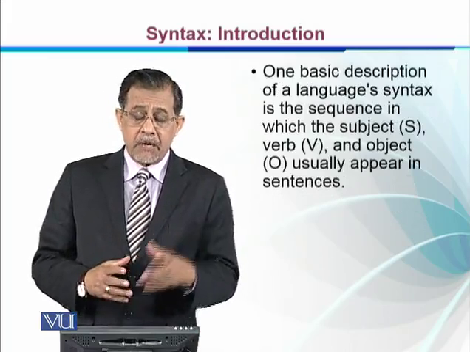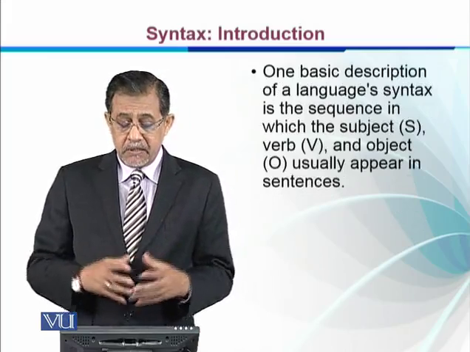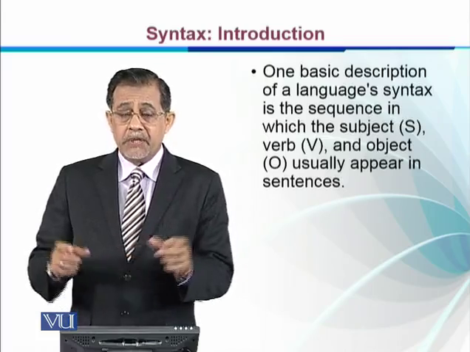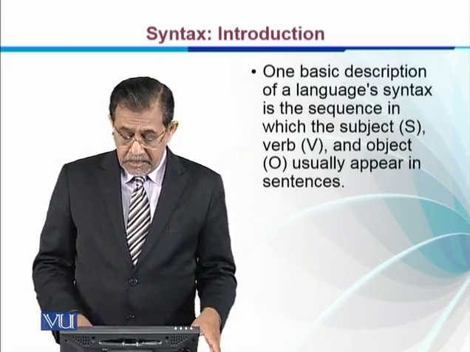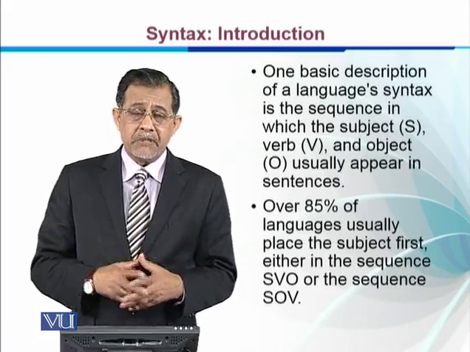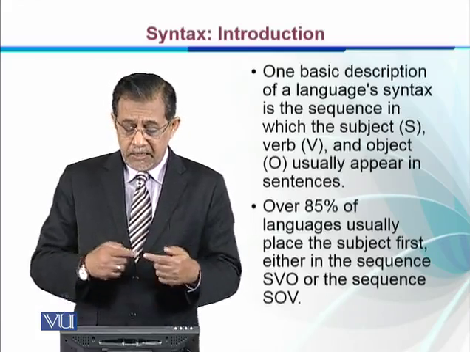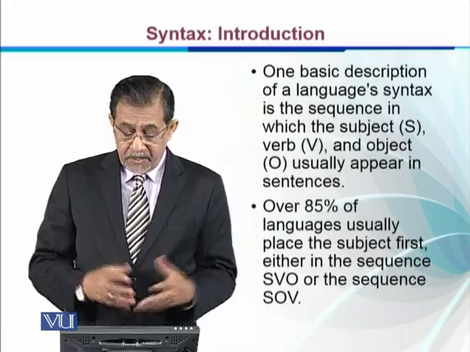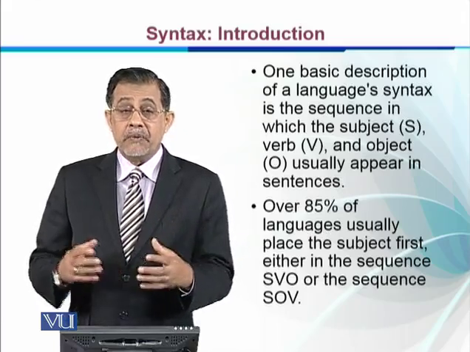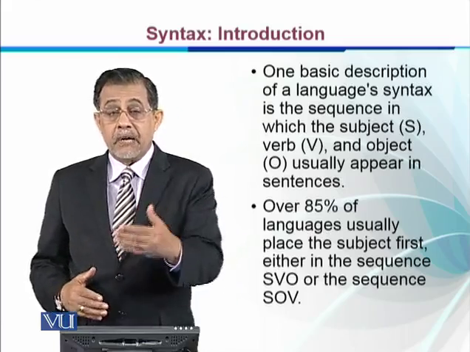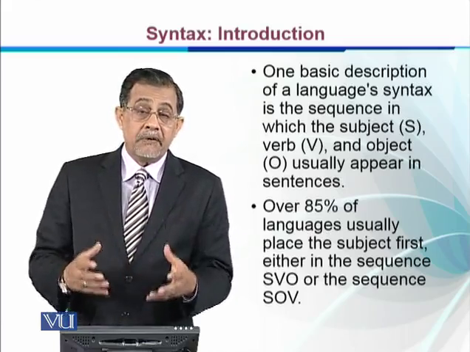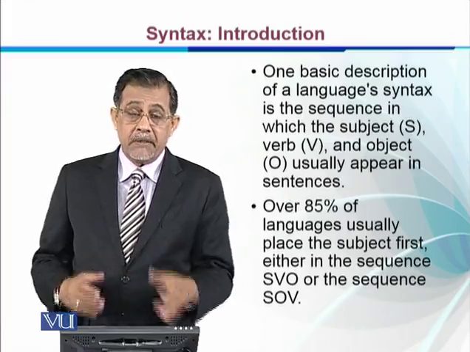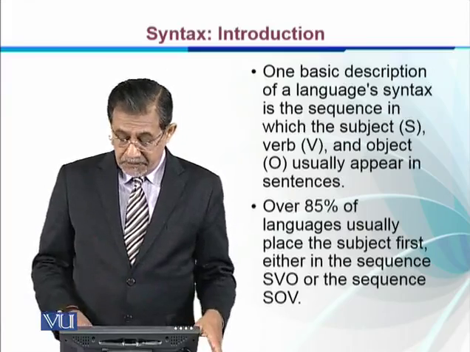One basic description of a language's syntax is the sequence in which the main things, subject, verb, and object, are put into an order, right? So 85% of the languages in the world have SVO arrangement of words. However, there are certain languages with SOV, where subject comes first, then object, and the verb comes last. Even in our language, the subject comes first, then the object, and then the verb comes at the end of the sentence.